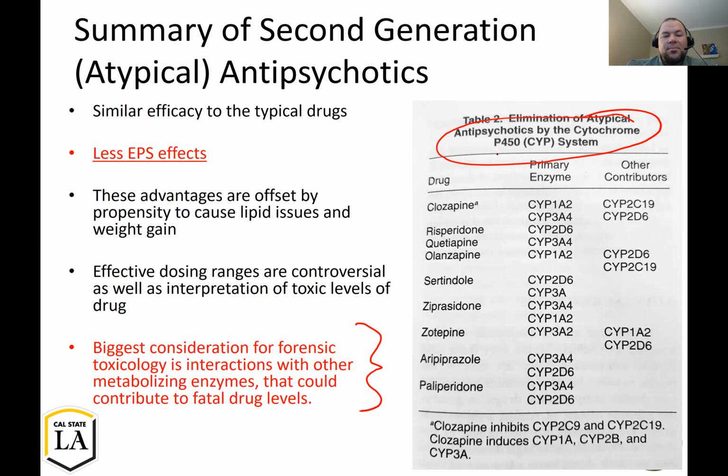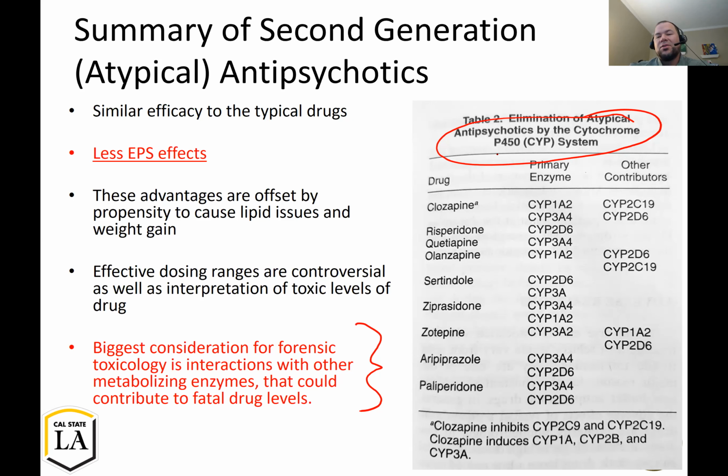So these interactions might be a factor if there is a drug on board whose metabolism is being inhibited because of the antipsychotic medication on board as well. There might be a potentially damaging drug-drug interaction that must be considered when interpreting those results, right?